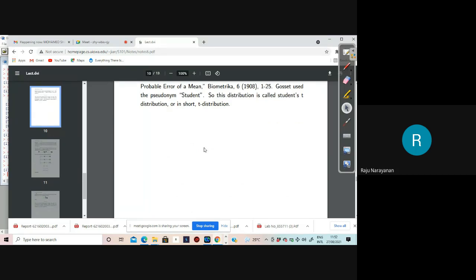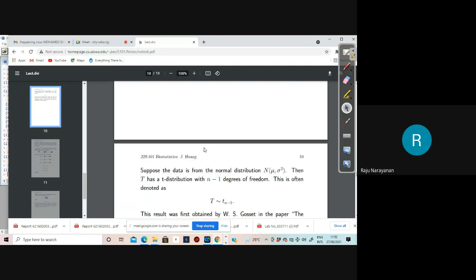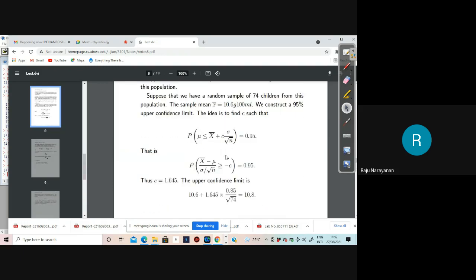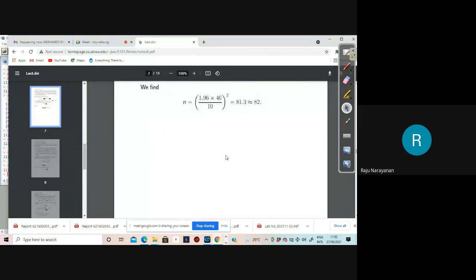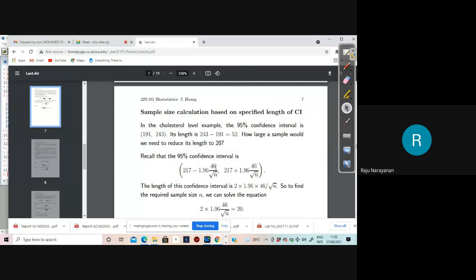You simulate random observations x1, x2, etc., xn from the population, that is all. You know how to simulate observations from a normal distribution. What is the distribution here? Normal with mean mu, and this one is the confidence interval.